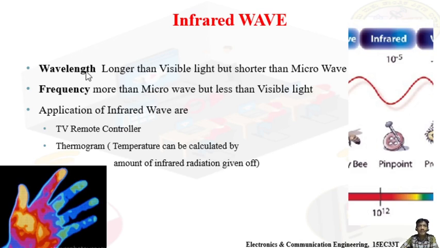The application of infrared waves is the TV remote controller that we use daily. If you press any button on the TV remote controller, it starts passing infrared wave from the remote controller to the TV device. Then it will start operating.